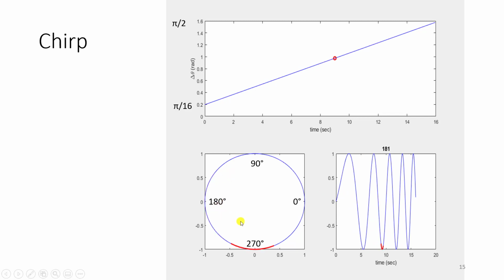So as this red step size increases, which corresponds here to the step size growing in size, the frequency then will continue to increase. And so this will be our chirp waveform that we'll then use, which doesn't have those discontinuities.